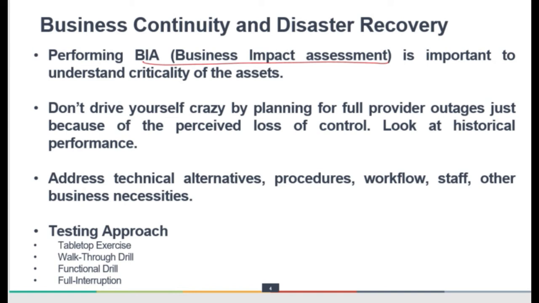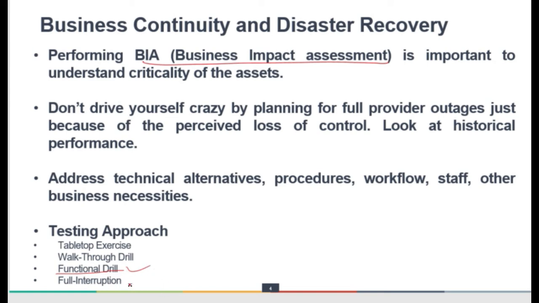Then we have the functional drill, or the parallel test. We also call it the parallel test because this functional test is actually happening on the actual function of the business, and this goes in parallel with the operations.